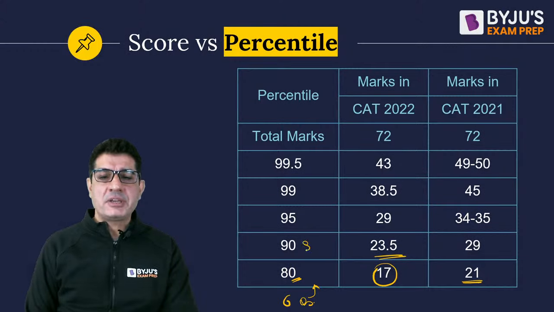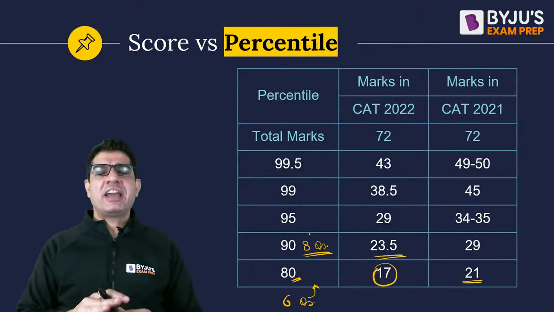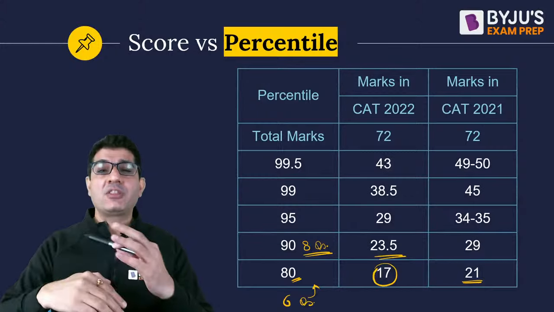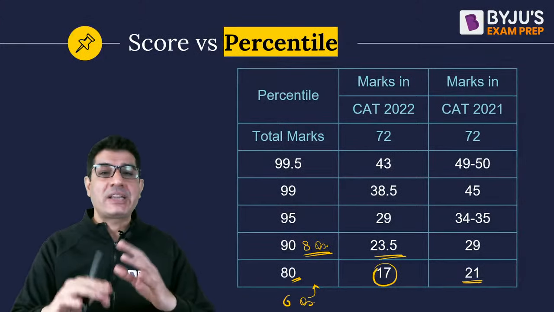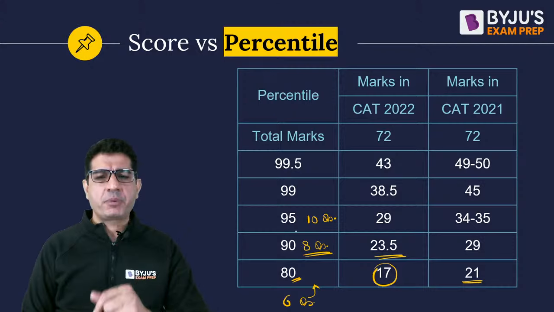Which basically means that out of the 24 questions, if you could just attempt 8 and get them right, you will be in the top 10% of the aspirants. And then at 10 questions, you essentially go on to be a part of the top 5%.